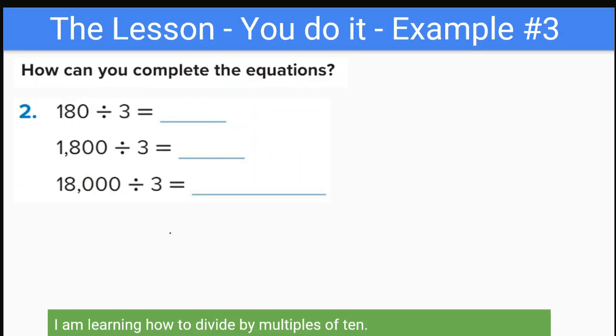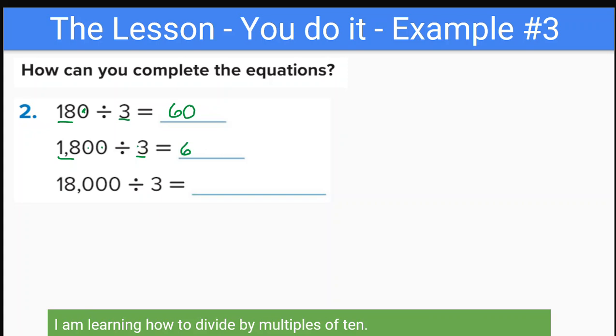So here they give you one last example right here, and they say 180 divided by 3. Well, that's the same thing as 18 tens divided by 3. 18 divided by 3 is 6, but since it says tens right here, we have to have tens right here, and you get 6 tens, which is 60. Now here it is again, 18, but this time they have 2 zeros, so that means hundreds, divided by 3. Well, 18 divided by 3 is 6.